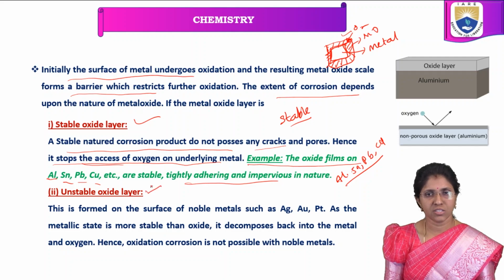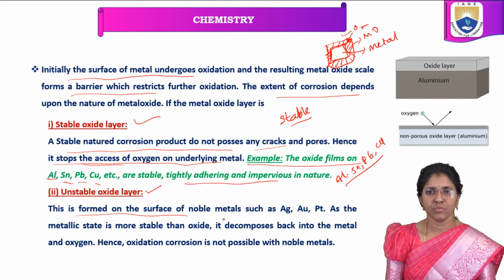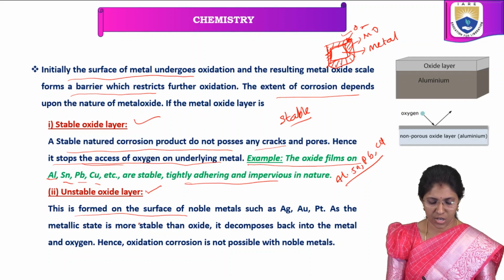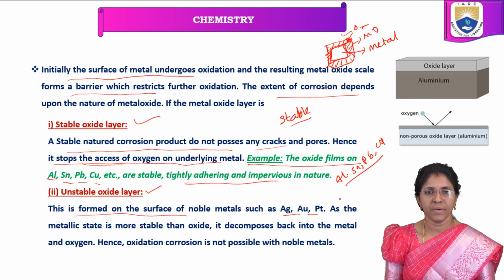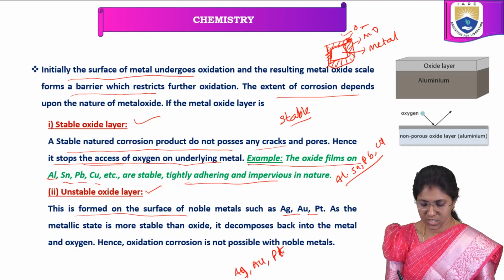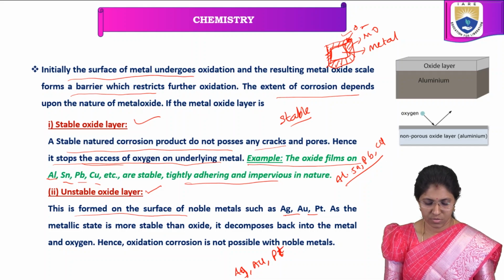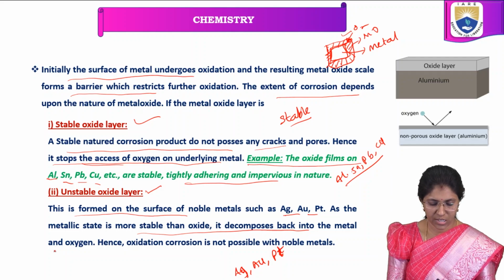If the oxide layer is unstable, as formed on the surface of noble metals such as silver, aurum and platinum, oxidation takes place but that layer is not stable. So it decomposes back into the metal and oxygen.